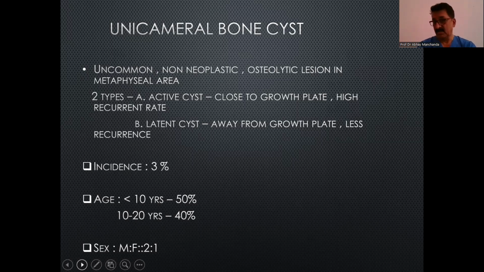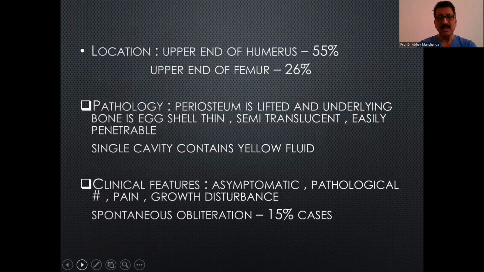Incidence is 3%, only after giant cell tumor. Age: 50% are seen in less than 10 years, and the other 40% at 10 to 20 years. Again, males are more affected. Usually seen in the upper end of the humerus, 55%. It can be seen in the upper end of the femur, 26%.